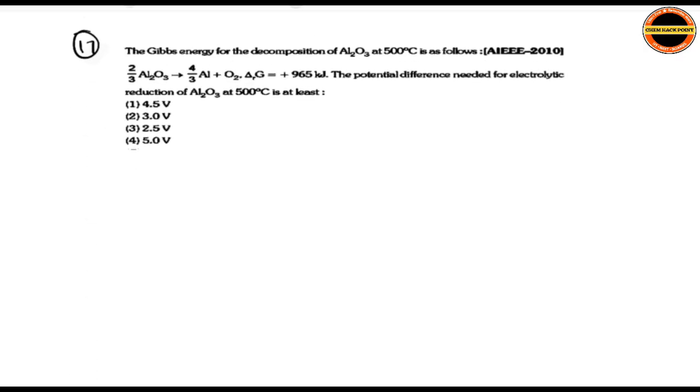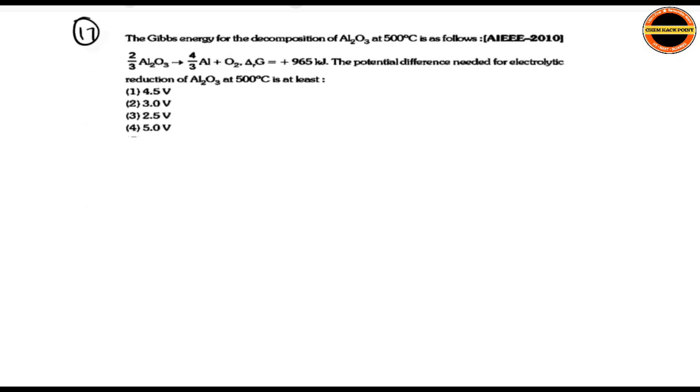Next question, see here. The Gibbs energy for the decomposition of Al2O3 at 500 degrees Celsius is as follows. So the potential difference needed for the electrolytic reaction of Al2O3 at 500 degrees Celsius is at least.